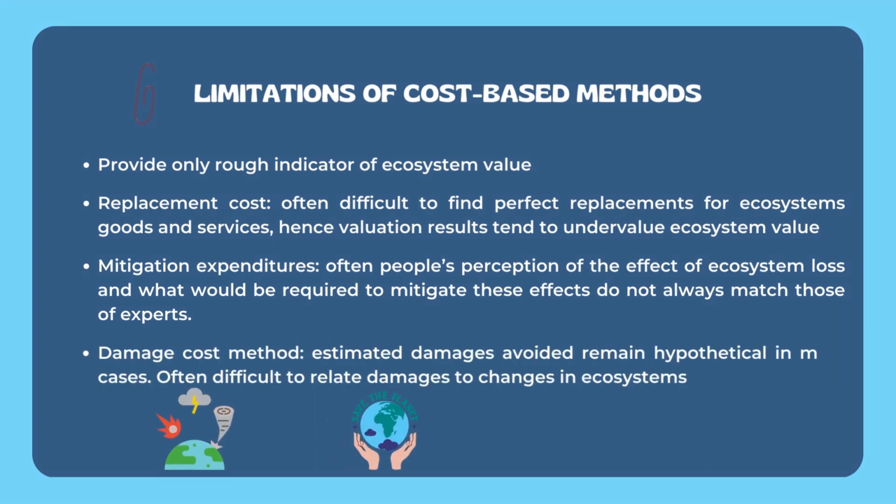Now, the damage cost method is also estimated through damage avoidance, and this remains mostly a hypothetical case, because it's very difficult to relate damages or changes in the ecosystem. Maybe we assume something, but it never takes place. So in that case, it will not be an approximate or a real value of damage cost avoidance.